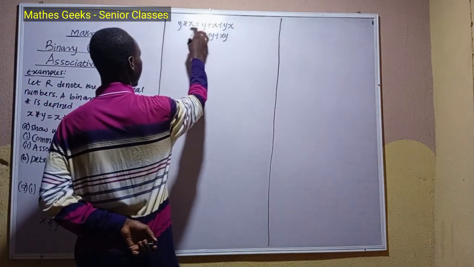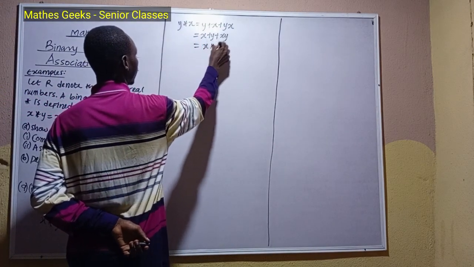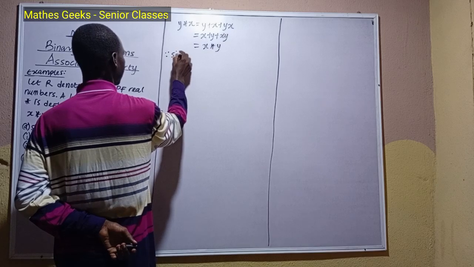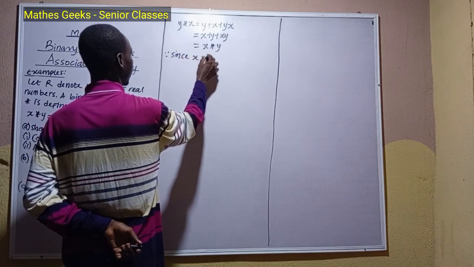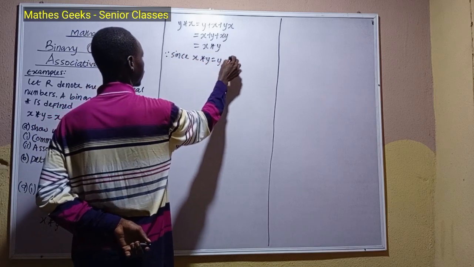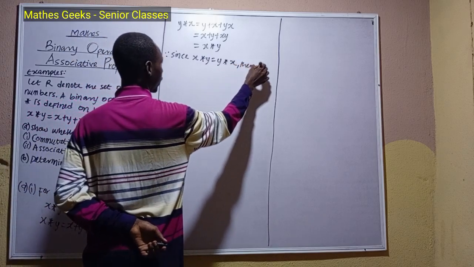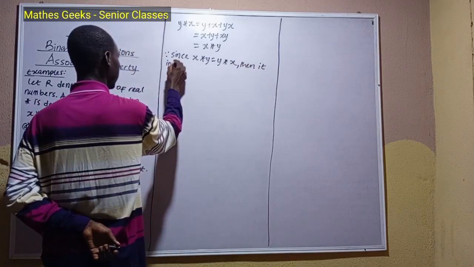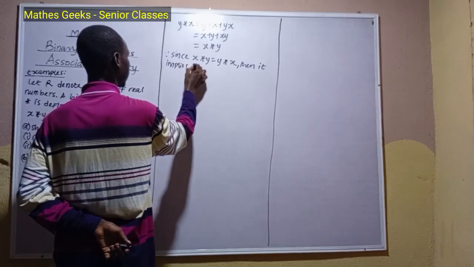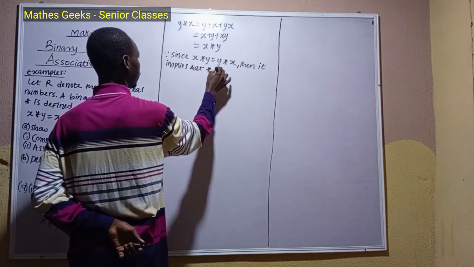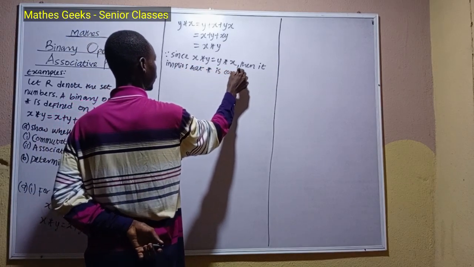So y star x equals x star y. Therefore, since x star y is equal to y star x, it implies that star is commutative.